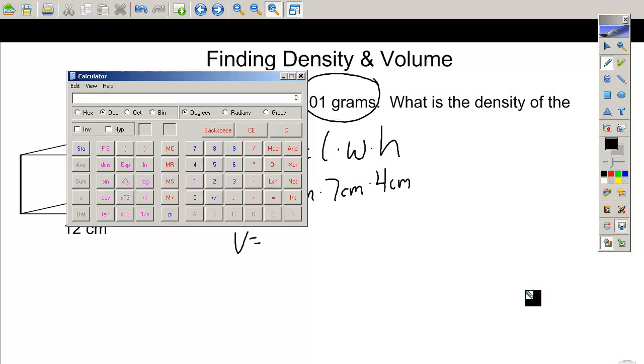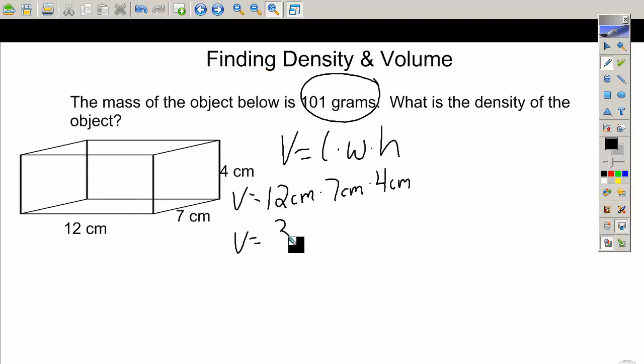So we've got 12 times 7 times 4 equals 336 centimeters. Don't forget cubed, because we have 1, 2, 3 centimeters, so we always cube it.